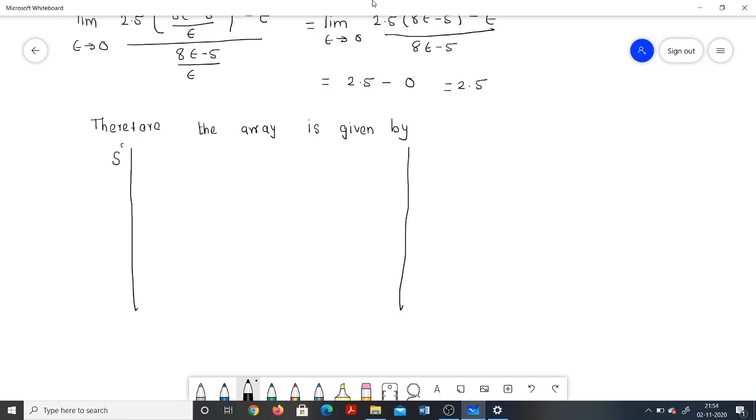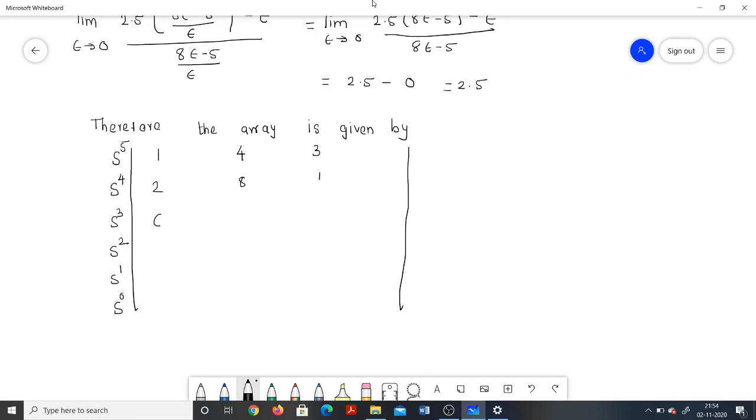It will start from s to the 5, then s to the 4, s to the 3, s to the 2, s to the 1, and s to the 0. So just write down the values whatever we had obtained, and instead of those epsilon terms, we are going to enter the terms which we had got after applying the limit.